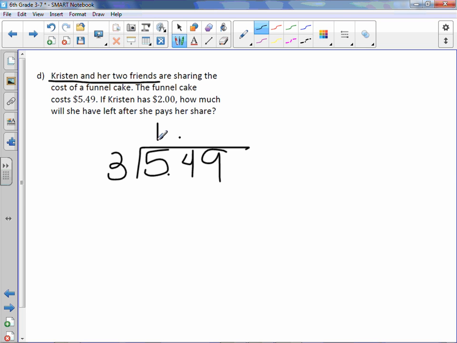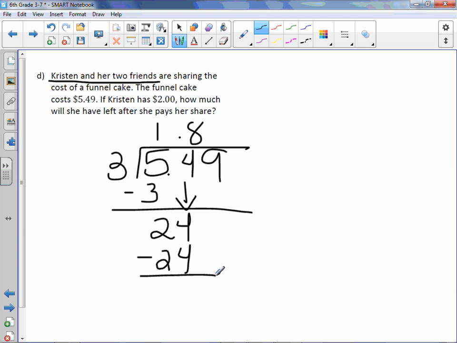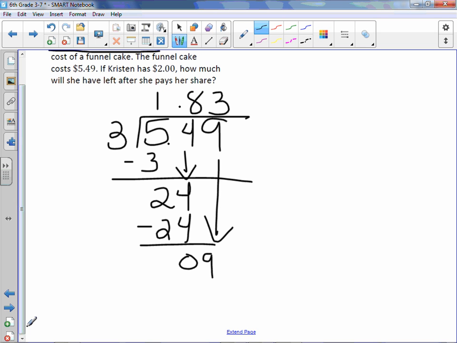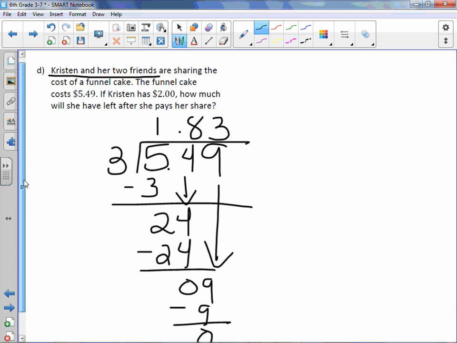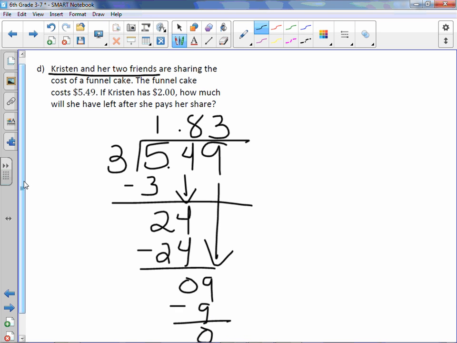3 goes into 5 once, which is 3. Subtract and get 2. Bring down the 4. 3 goes into 24 8 times, exactly 24. Subtract and get 0. Bring down the 9. 3 goes into 9 exactly 3 times. Subtract and get 0. So each person owes $1.83.